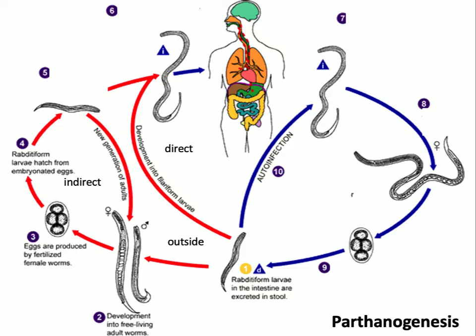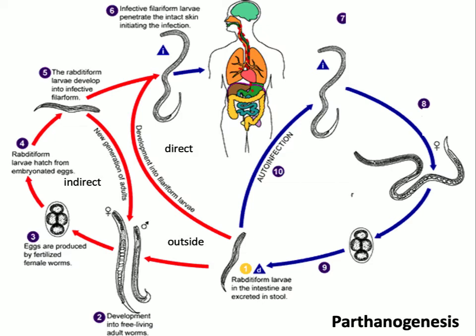Those rhabdidiform larvae can basically go one of two paths. They can just become adults, mate, produce more eggs, and you can have this completely independent of the human life cycle. So that's the indirect path. Or they can become the filariform larvae that are going to be infective, right? So if they become an infective filariform larvae, it is the filariform larvae that will penetrate the skin and cause infection.